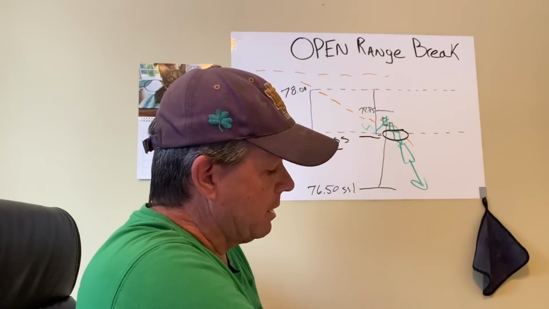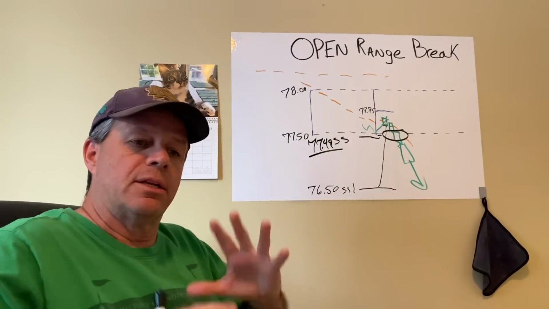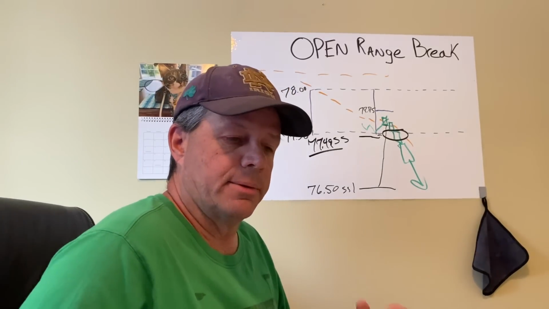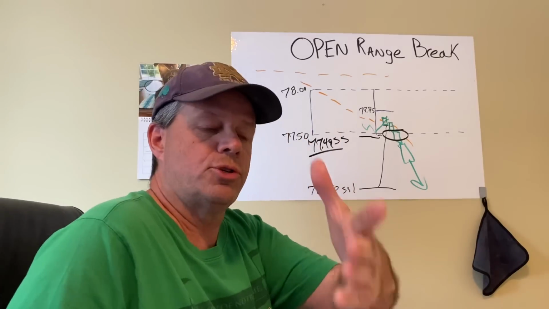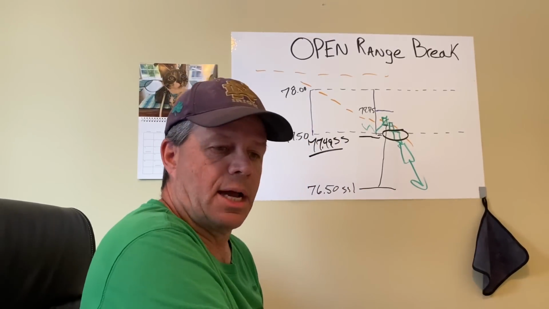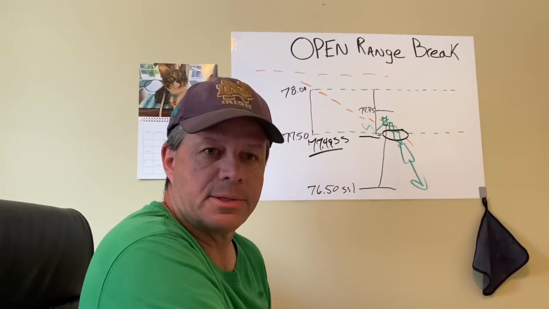What that allows me to do, and this is important, and it all depends on the contract size that you normally trade with, is allow you to double your trade size without taking double the risk.